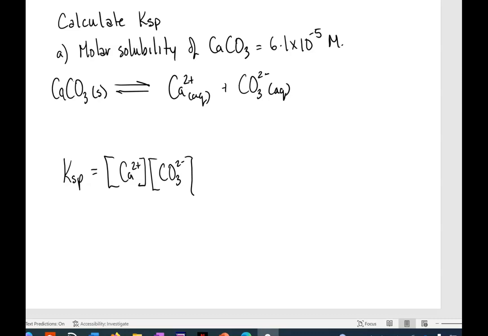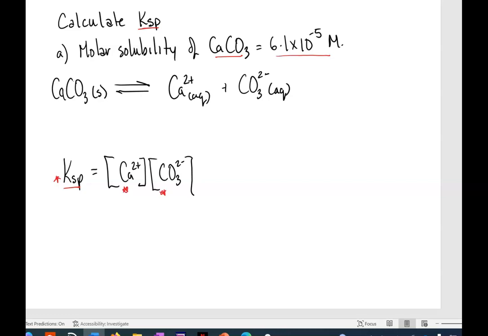Okay, in the first question on page 192, calculate the KSP for each of the following. Starting with calcium carbonate, it has a molar solubility of 6.1 times 10 to the minus 5. What they want us to calculate is the KSP, so somehow we must know these concentrations.